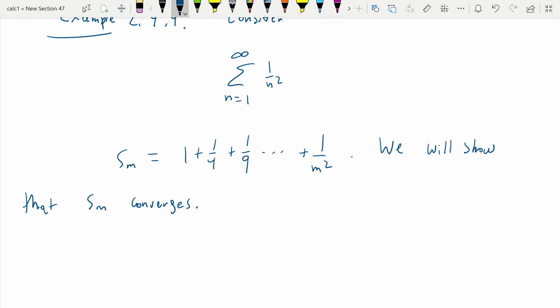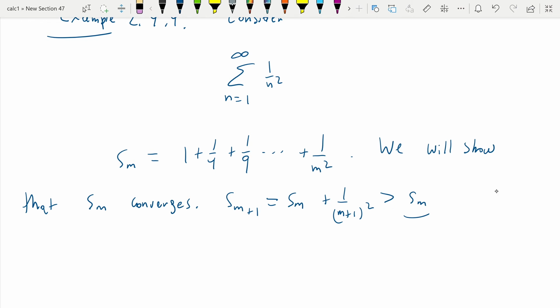First, we note that since we're always adding a positive number to S_m when we want to compute S_{m+1}, this sequence here is not only non-decreasing, but it's in fact strictly increasing.